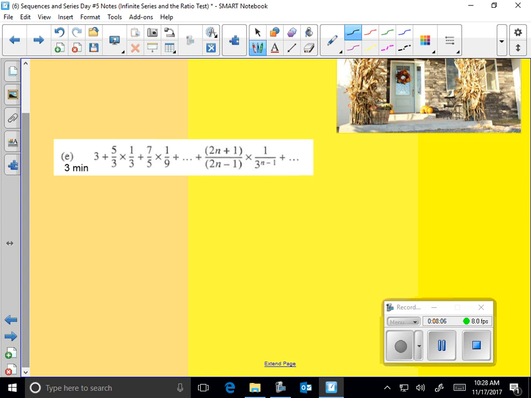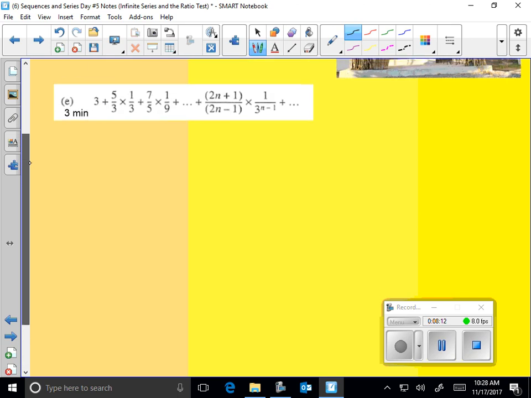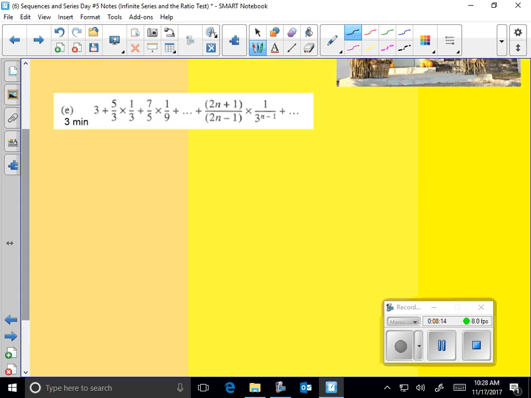I think E is pretty yucky. Do you guys agree? Yeah, pretty yucky. Let's look at it. Let me just first go through the flowchart here. Let's take n and send it to infinity of the sequence itself: 2n plus 1 over 2n minus 1 times 1 over 3 to the n minus 1.